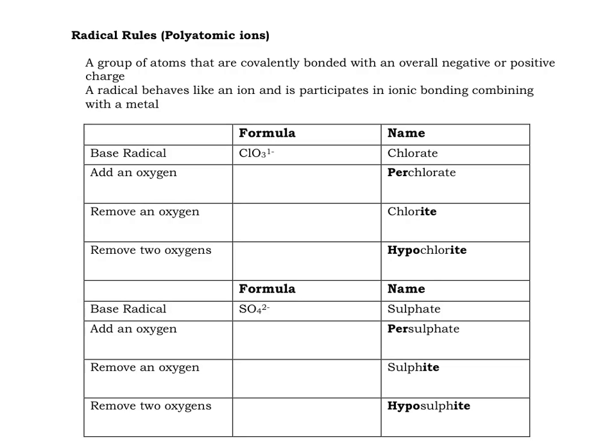Now, last year you probably dealt with base radicals, which are just like the common form of the radical or polyatomic ion. So for example, chlorate. Now chlorate actually, and all polyatomic ions that have negative charges have multiple forms. So there is a chlorate ion that has one more oxygen. So perchlorate is the name of it.